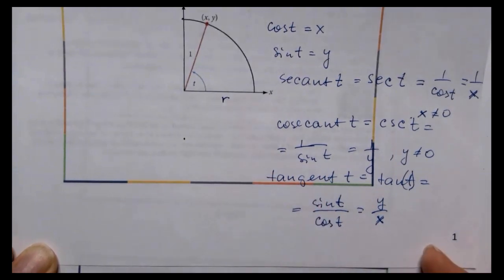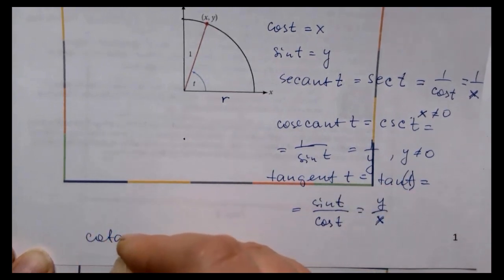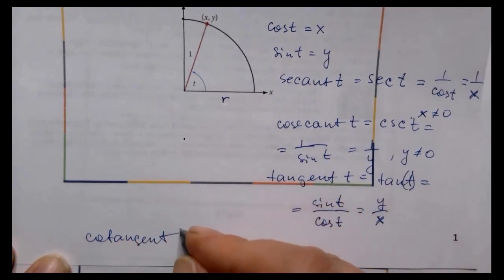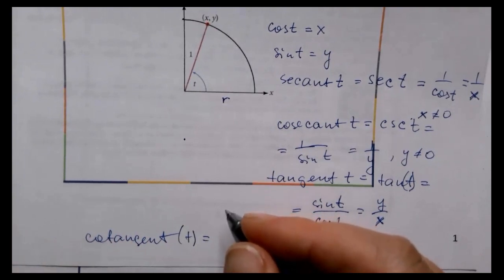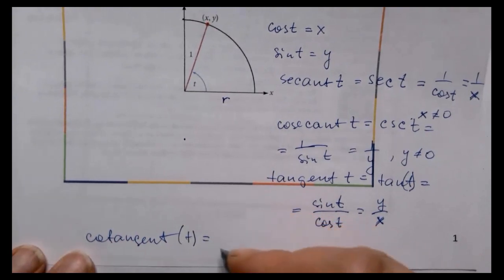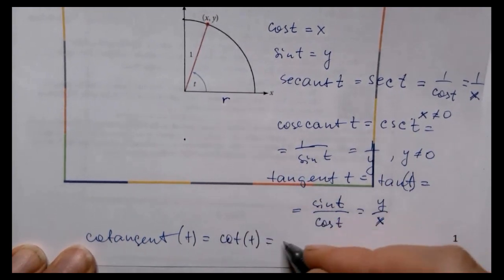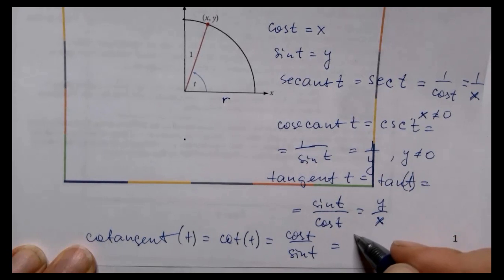And the last function is cotangent. Cotangent of t, cot t for short, is cosine t divided by sine t, and so it's x divided by y.